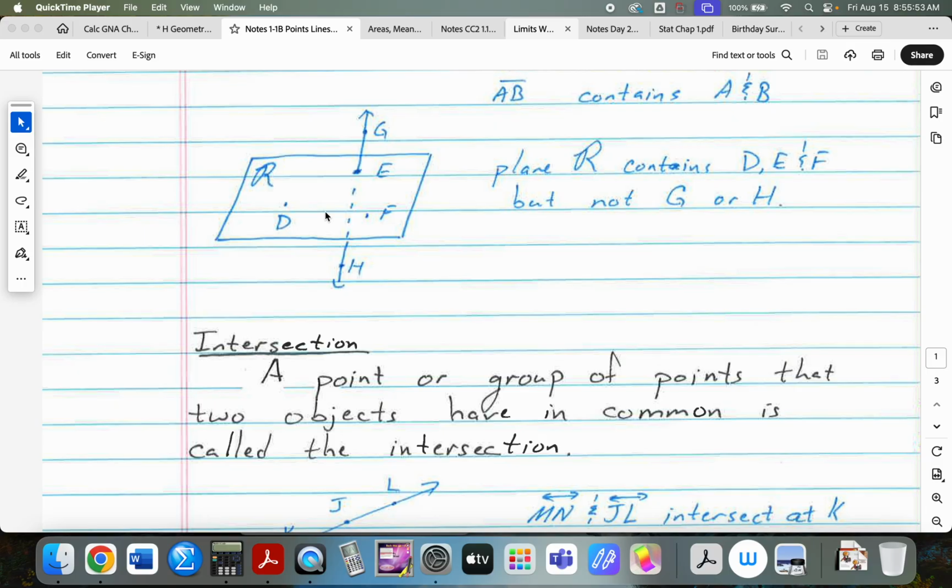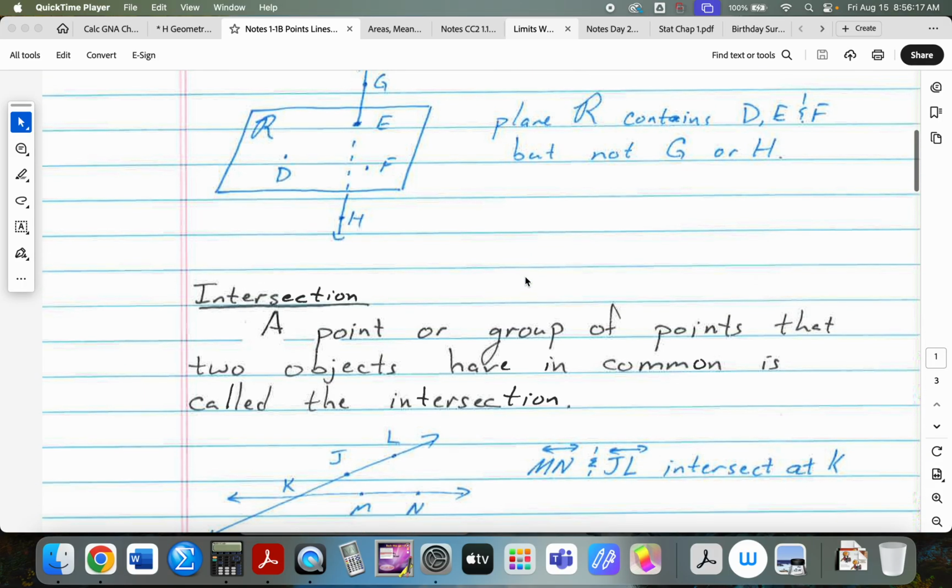Does that make sense? So that's what we're doing on this. So plane R contains points D, E, and F. D, E, and F are all on this plane. G is above the plane, H is below the plane. Okay?